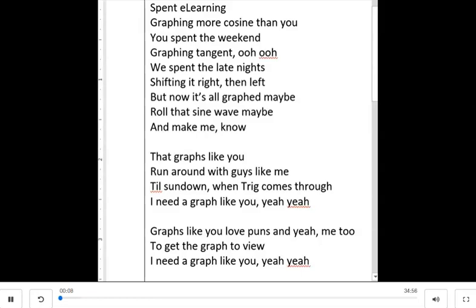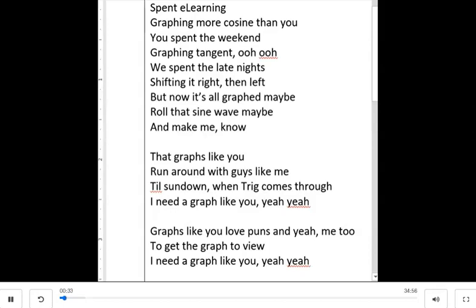Spent e-learning graphing more cosine than you. You spent the weekend graphing tension too. We spent the late nights shifting it right then left. But now it's all graph, maybe.